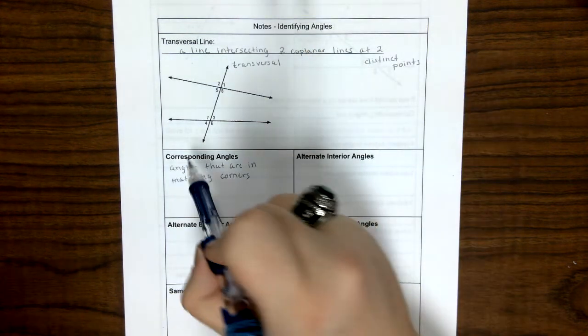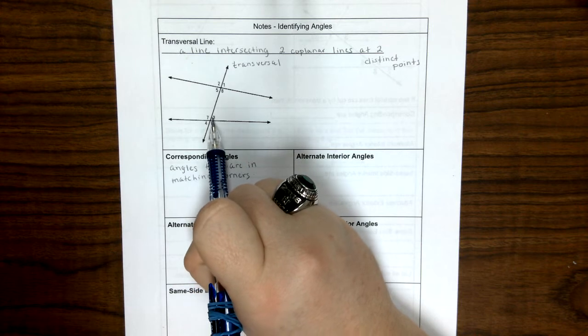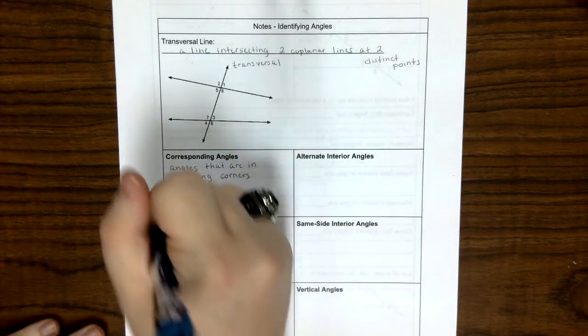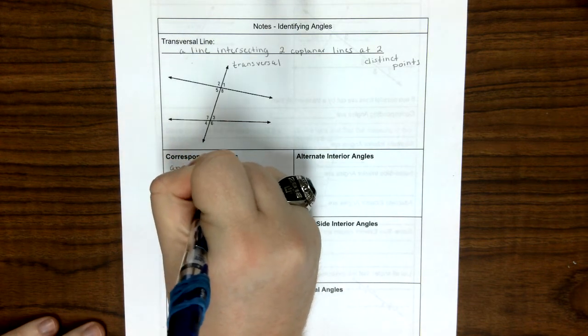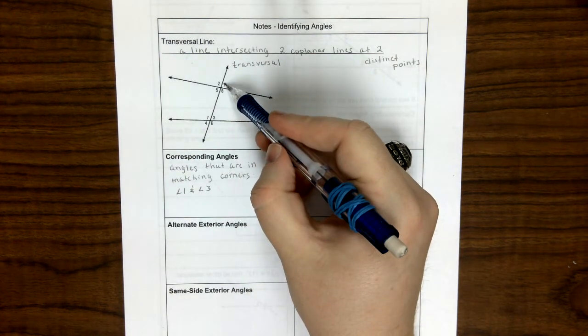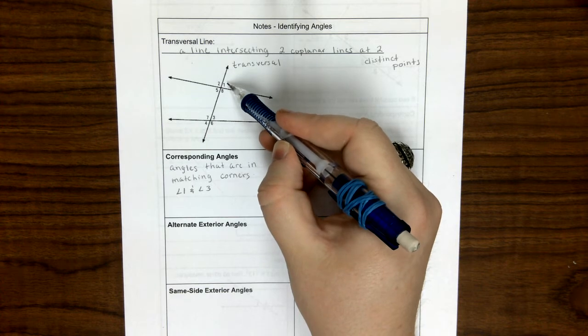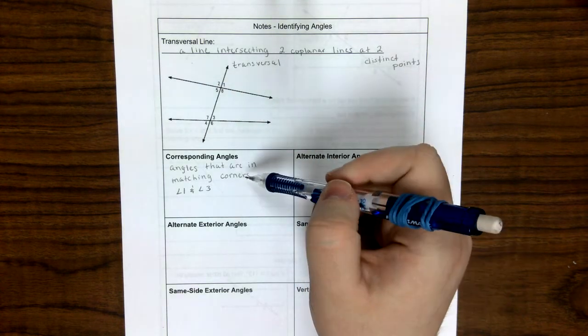Well, who is the upper right corner down in the lower neighborhood? That would be 3. So we say that angle 1 and angle 3 are an example of corresponding. They're in the same location, but in different areas. And by location, I'm talking about that corners thing.